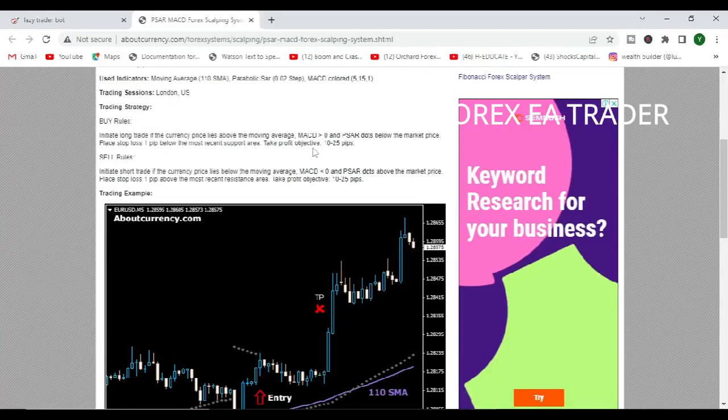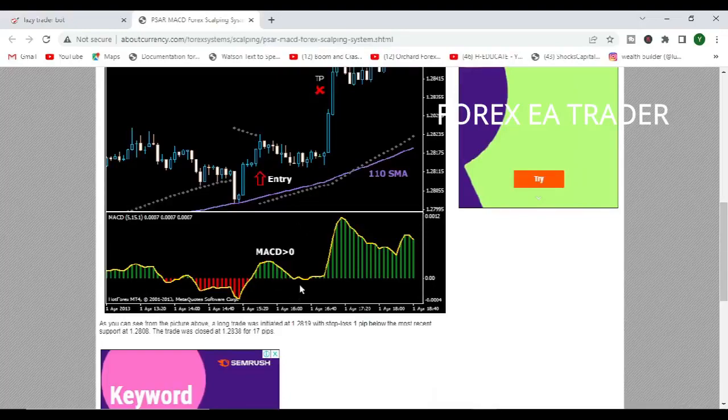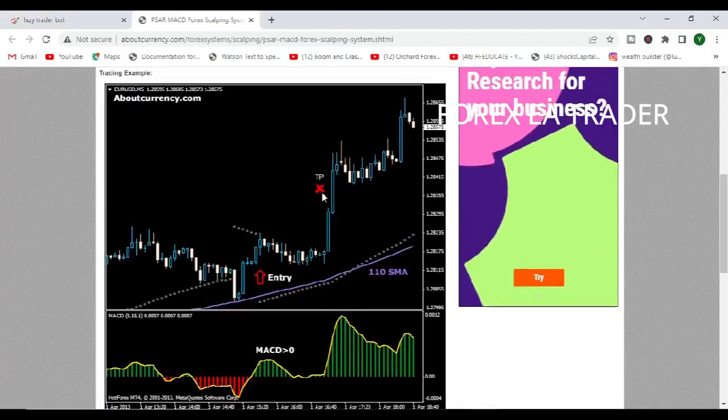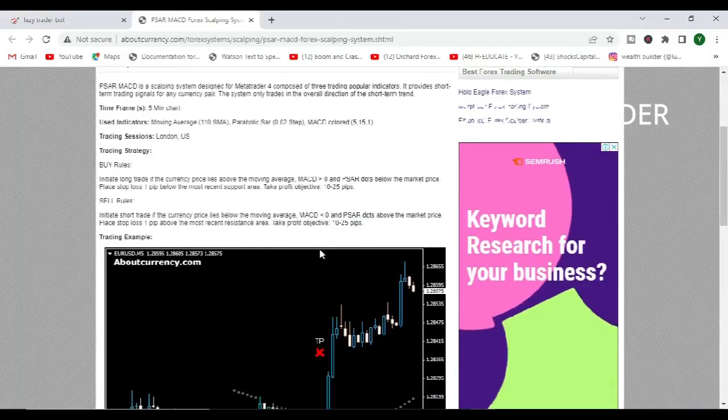We'll just calculate that. Take profit objective is around 25 pips. That's basically it. That's basically what this strategy is about. The opposite applies for sales.